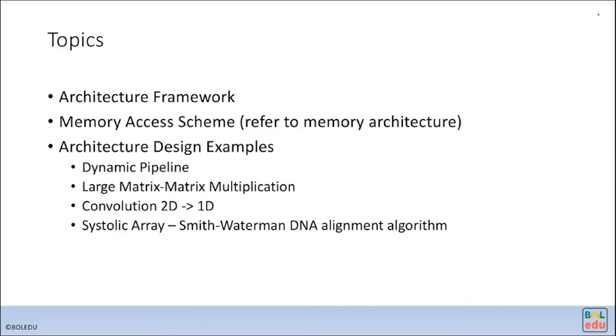So even though today's HLS compiler cannot handle the dynamic pipeline, you can always do some kind of code transformations and then leverage current HLS compilers to do the work. So I will introduce a few techniques for the dynamic pipeline.